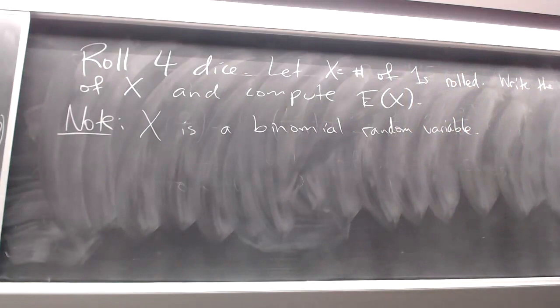Because x just depends on some independent trials of the same experiment over and over. You just roll a die over and over or whatever. So it's a binomial random variable with 4 trials, so n is equal to 4.